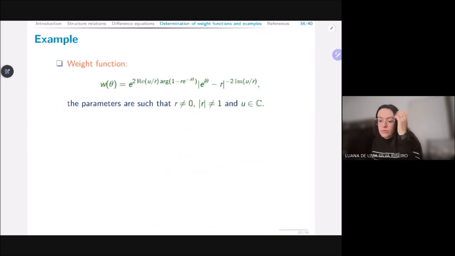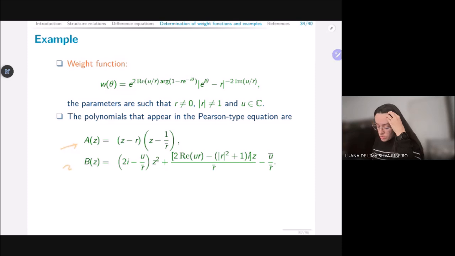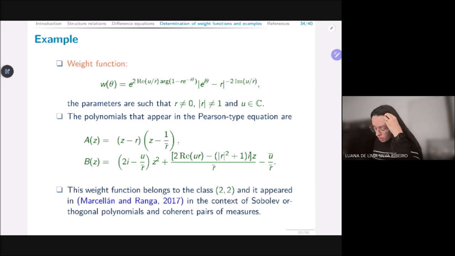Another example that appears for the case where A is a polynomial of degree 2 is this wave function, where U is a complex parameter and R must be a parameter with absolute value different from 1 and also different from 0. So the polynomials A and B are polynomials of degree 2. These wave functions also belong to the class T2 and appear in the works of Marcelo and Sirihanga in the context of Sobolev orthogonal polynomials and coherent pairs of measures.